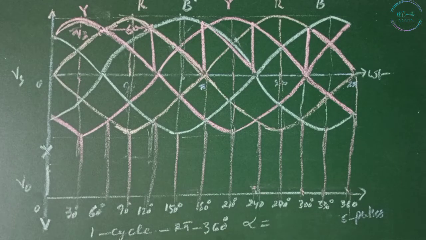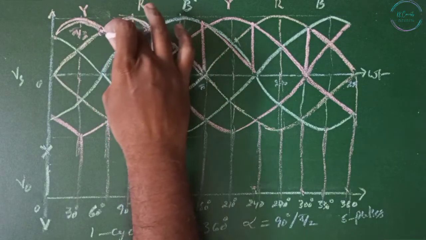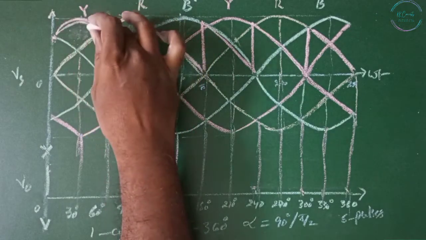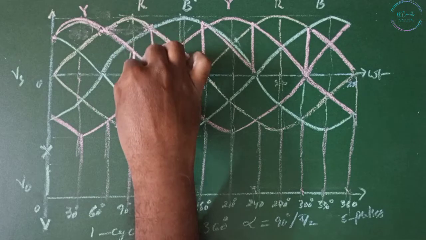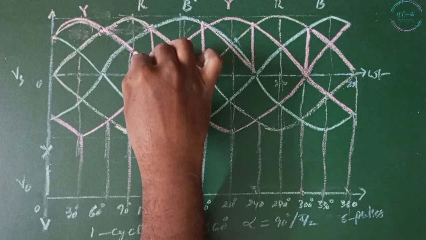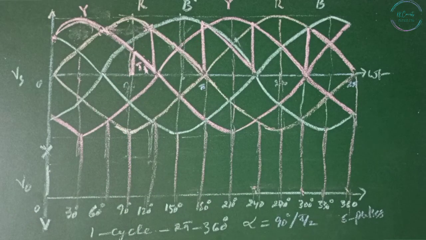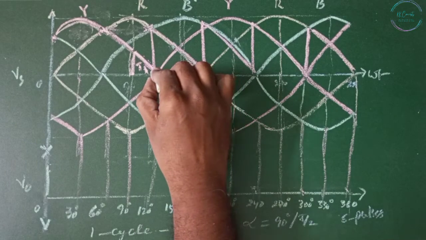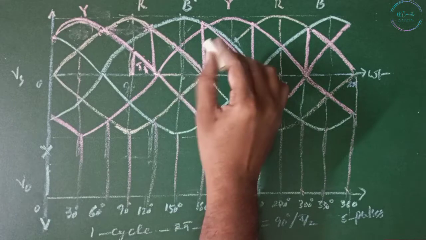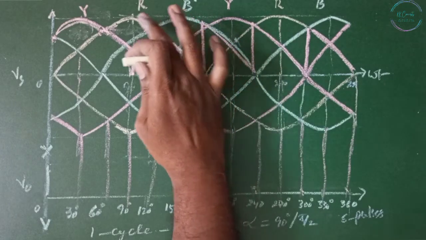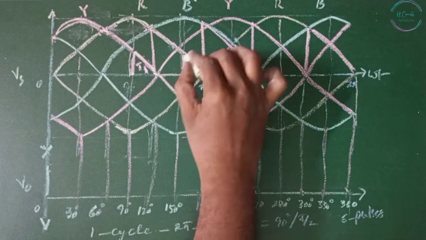Now, if alpha is more than pi by 3, let it be 90 degrees or pi by 2 radians. The Y dash is going to start at pi by 2, and this is T1. Since it is an R load, it's not going to conduct in the negative half cycle. So this will remain at zero until the next thyristor turns on. The next thyristor is T2, and T2 is going to turn on here.